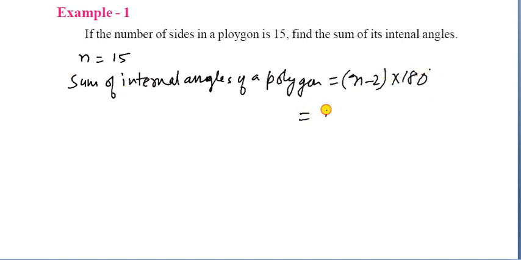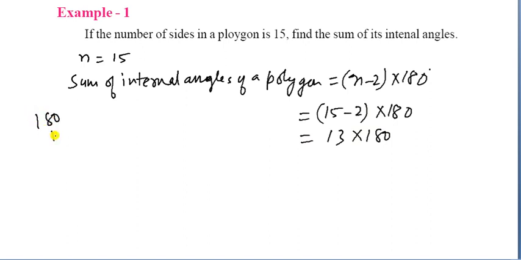N is given as 15, so you have to write 15 minus 2 into 180. So it is 13 into 180. Now multiply 180 by 13.